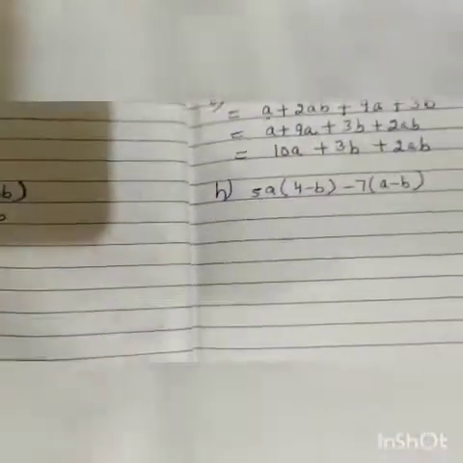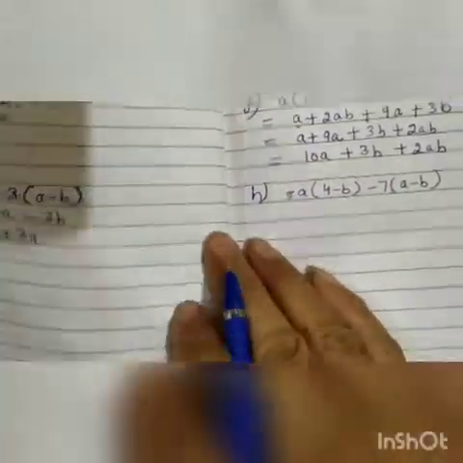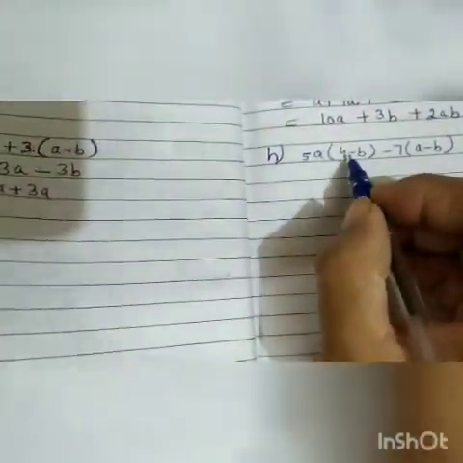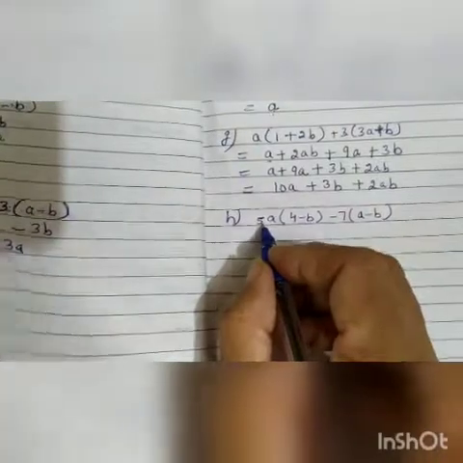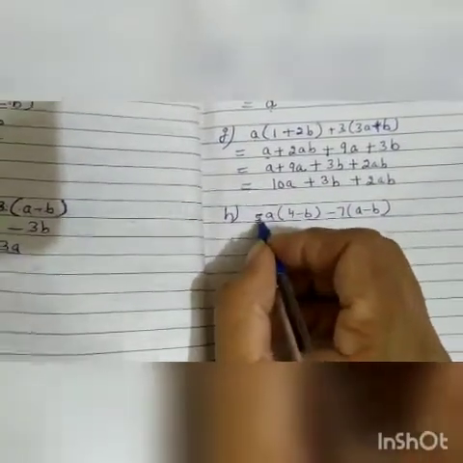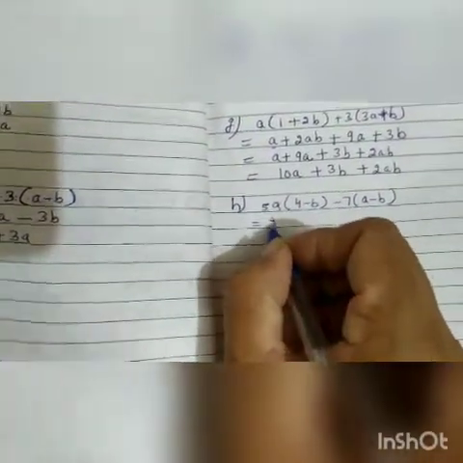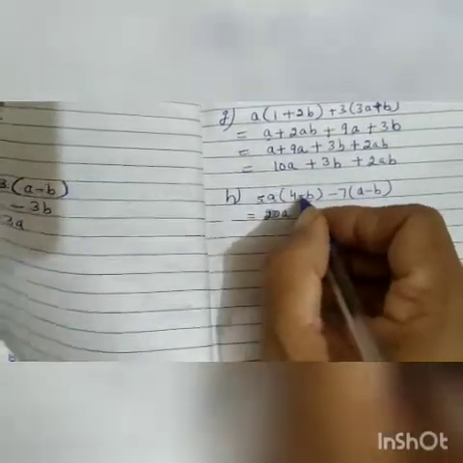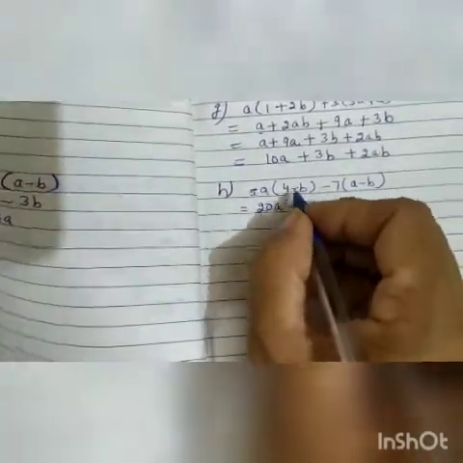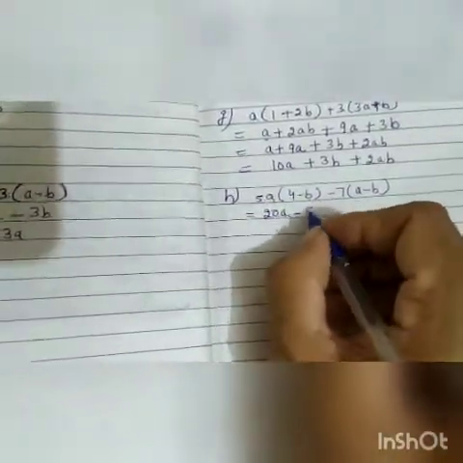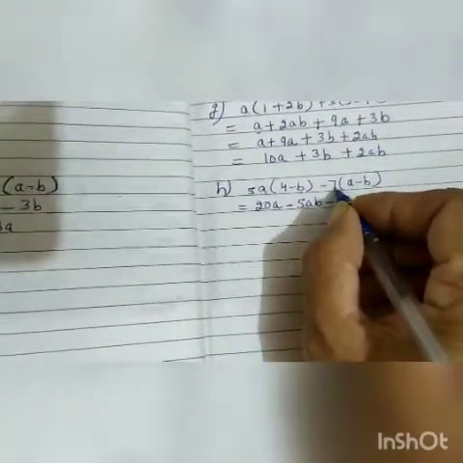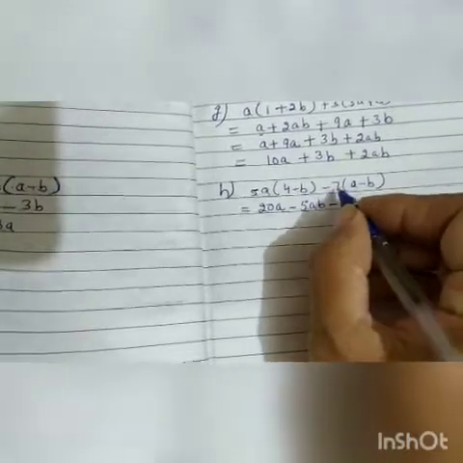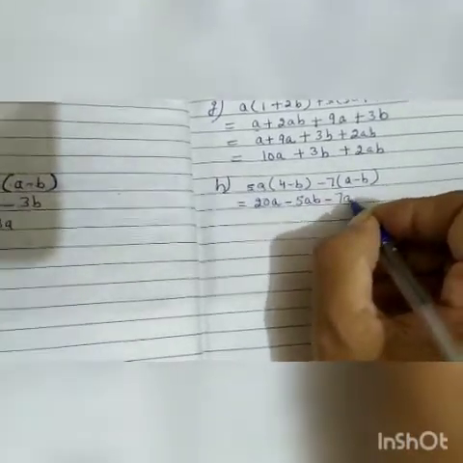See students, here the terms of this bracket, first 4 minus b, will be multiplied by this 5a. So 5 times 4 is 20a, then minus sign, it is 1b, 5 times 1 is 5ab, then this minus 7 multiplied by a, 7 times 1 is 7a.